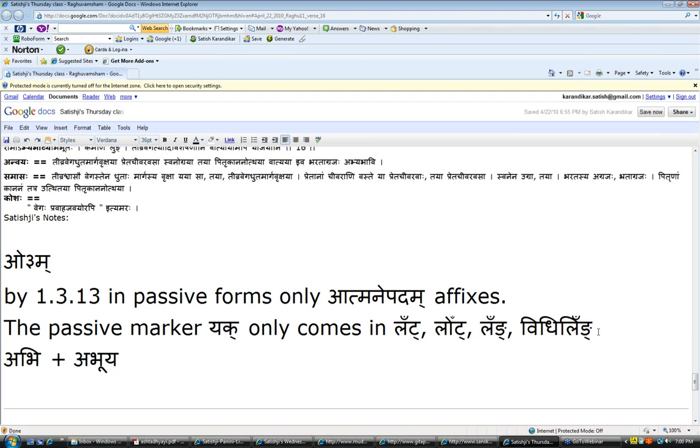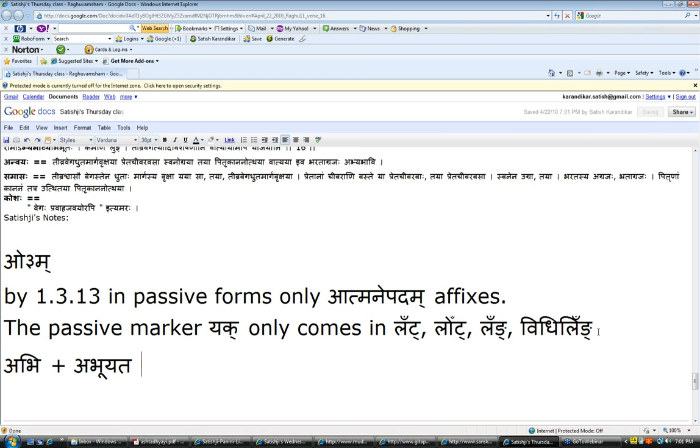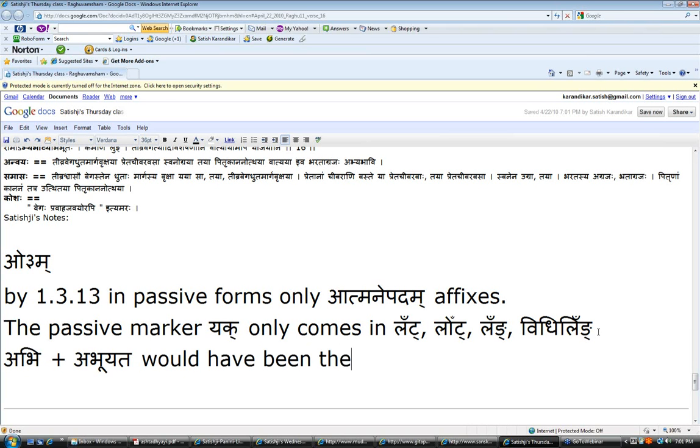You take the dhatu bhu, add the atmanepadam ta, and then put the yak in between, and that's it. You're done. Abhyabhuyata would have been the lung, and we don't have abhyabhuyata. We have abhyabhavi. So that will now tell you this has to be lung lakara. And once you know that, and if you know what the dhatu is, you can look up the details.